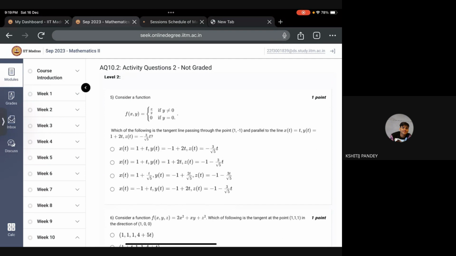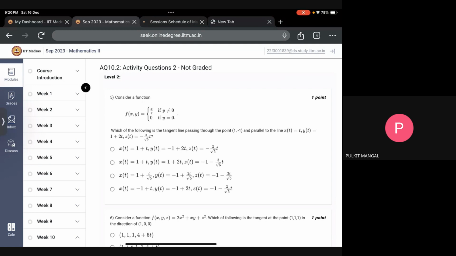How do we find the unit vector along the line they have given? See, the unit vector has to be in the same direction as the line that is given to us.